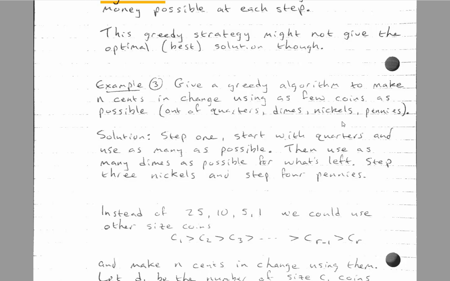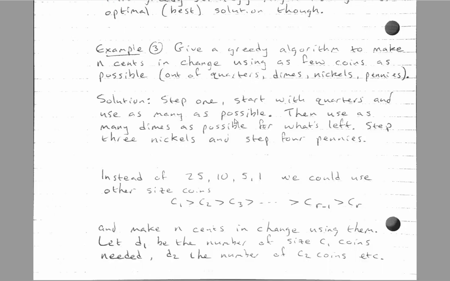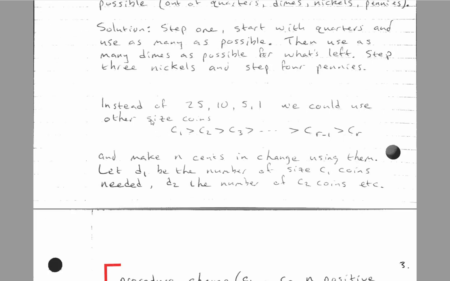You could make the change just using pennies, but that's going to use many more coins than you need. Instead of using these coins, you could think of the general problem where you have coins of different sizes.